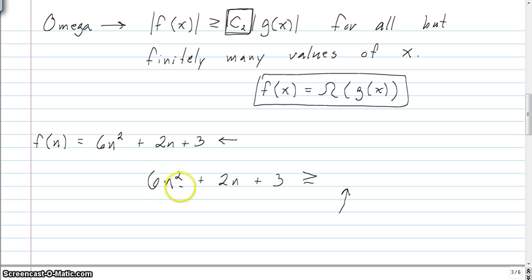Well, again, if we think about that, we're keeping this as simple as possible, and we know this term's positive, right, because n is a natural number and it's squared anyway. This term's positive because n is a natural number, 1, 2, 3, 4, and so on and so forth. And this is positive 3.